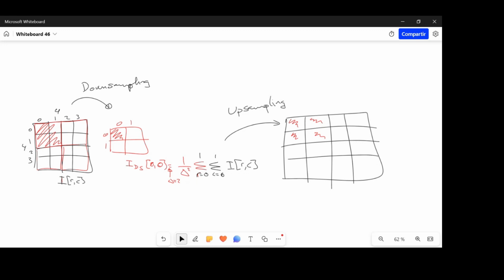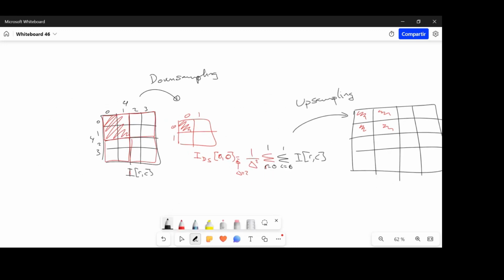Let's say that we start with a pixel size t. Then the downsampled pixel size is delta t, which is twice bigger. When I do the upsampling, the pixel size is again smaller, again t. So when you do a downsampling, you are making your pixel size bigger, and when you do an upsampling, you are making your pixel size smaller.